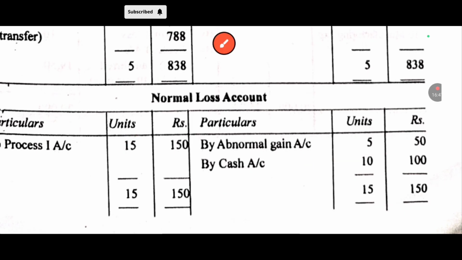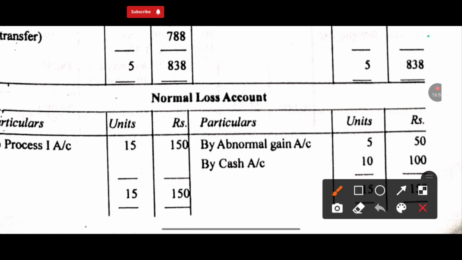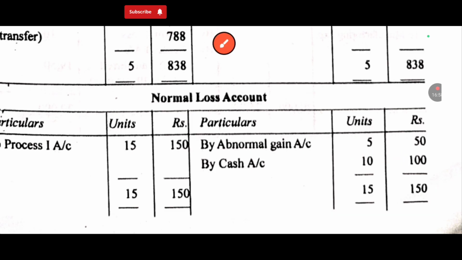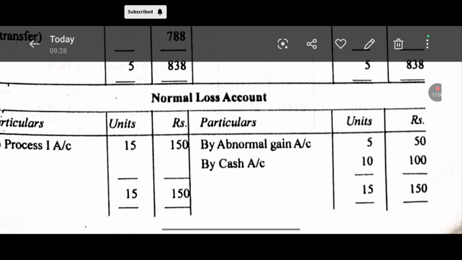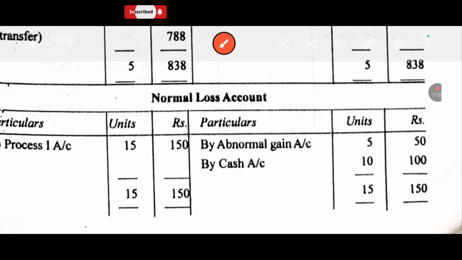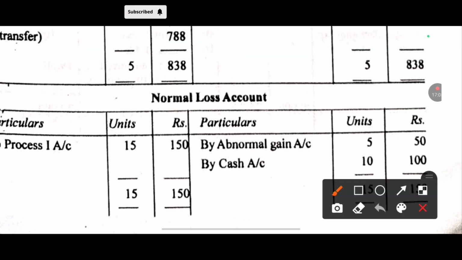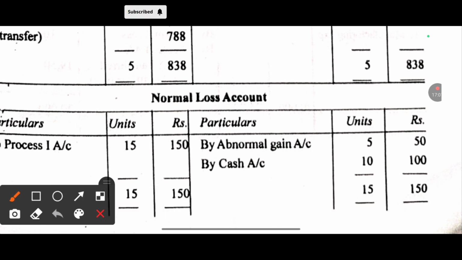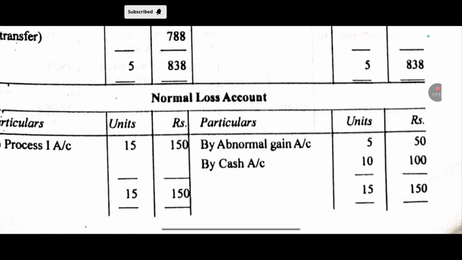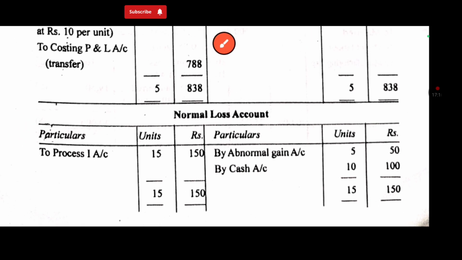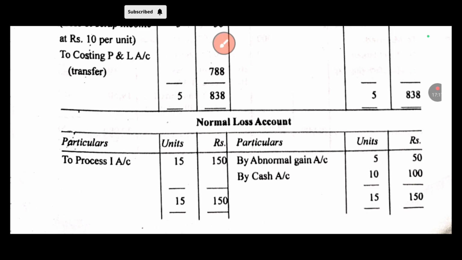When you sell through the scrap value for 10 units, you will receive the cash 100 rupees. That cash 100 rupees is to be entered by cash account. Okay, so normal loss account is prepared. Both the sides are tallied.